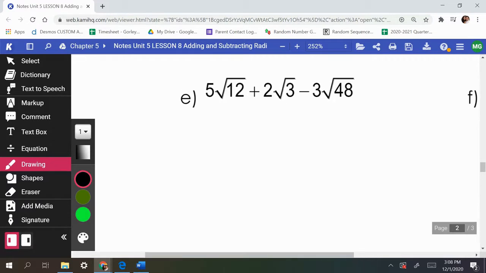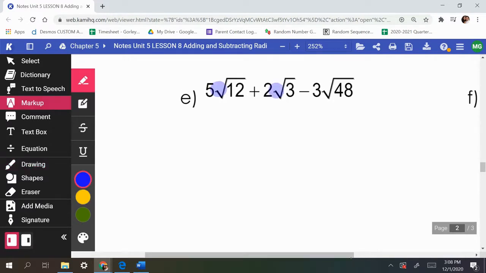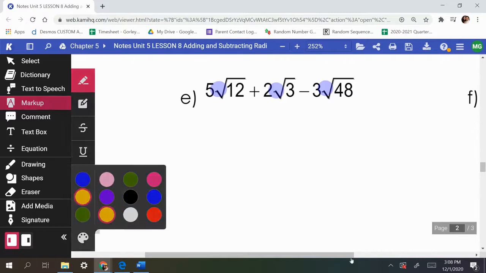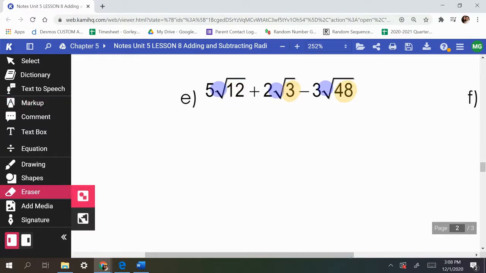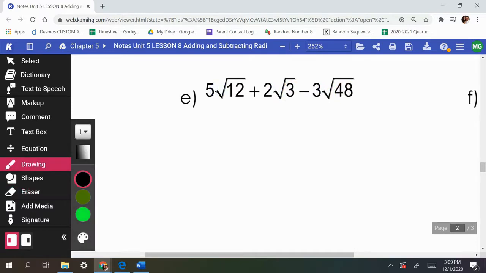What about part E? Are these like radicals? I see all square roots. But here, the radicands are all different, right? If I look under each radical, we've got 12, 3, and 48. So right now, none of them are like radicals because the radicands are not the same. But what I'm going to try to do is simplify first and see if I get like radicals after I simplify.